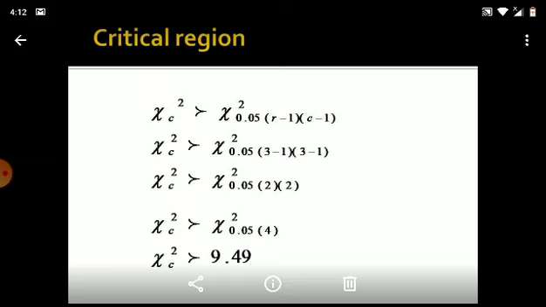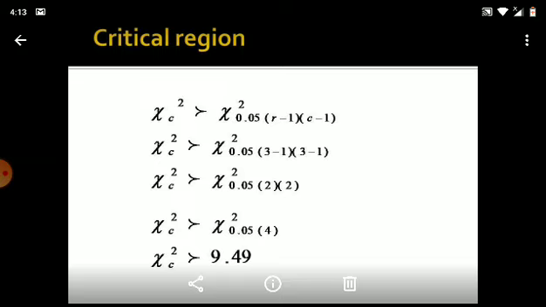Now what does this 9.49 mean? This is actually the value which leads to the critical region. Whenever your answer is greater than 9.49, you have to reject your null hypothesis. Critical region leads to rejection, and the critical value is 9.49.